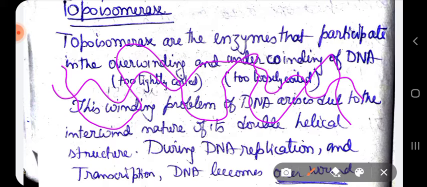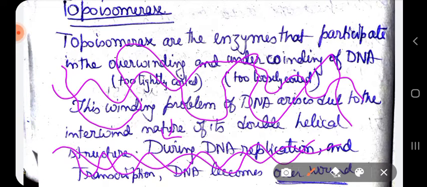So the topoisomerase will try to make that overwinding, to make them normal DNA look like this, and it also does underwinding. Underwinding generally occurs when supercoiling of DNA occurs ahead of the replication fork.